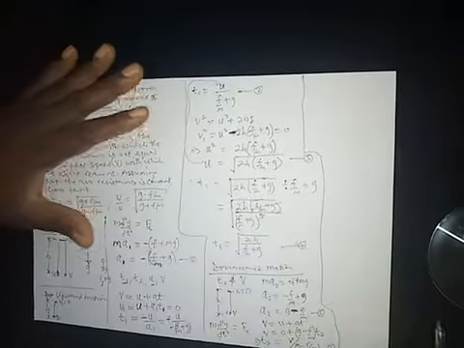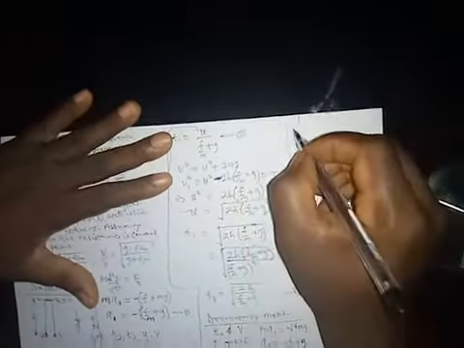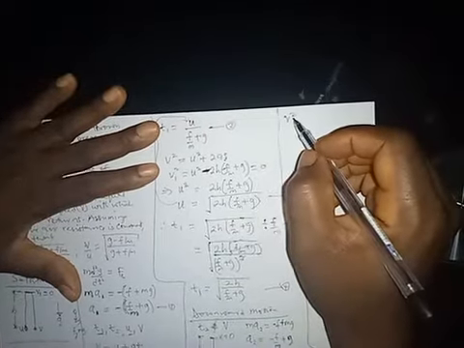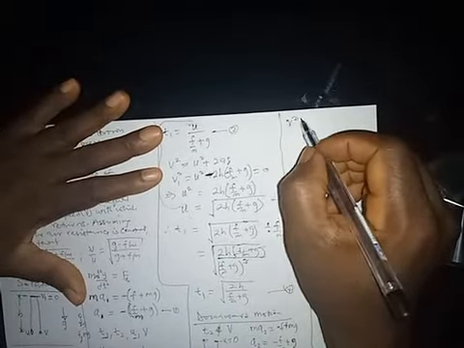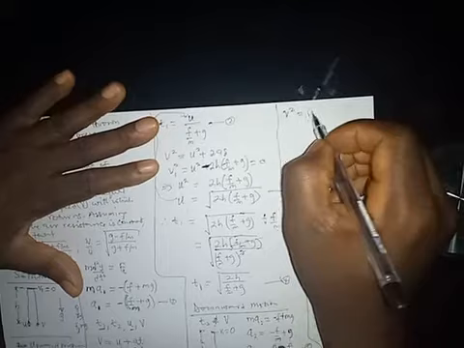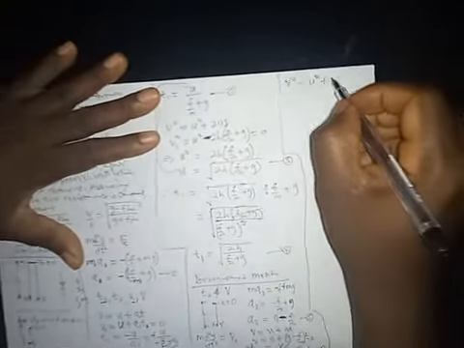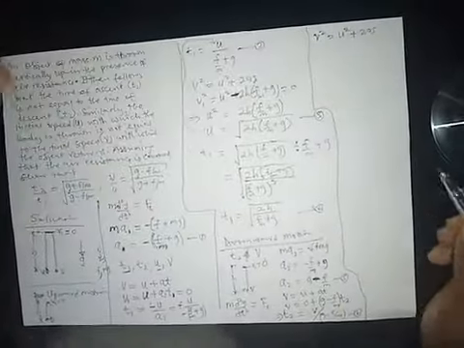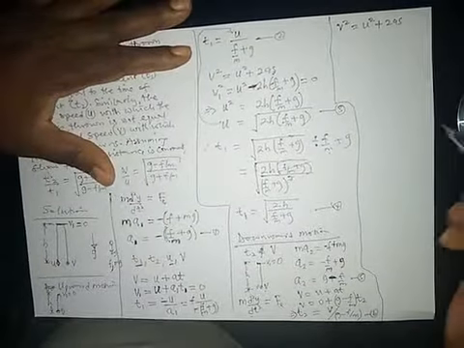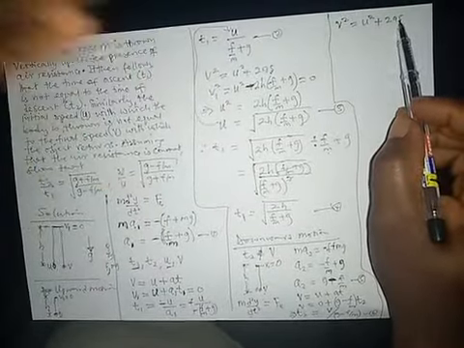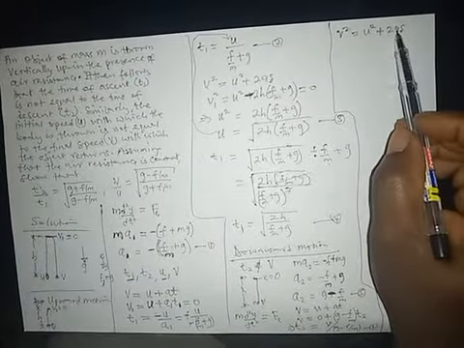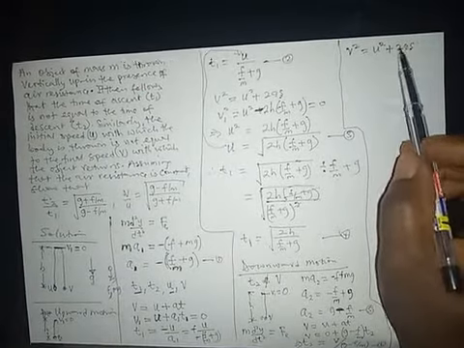So how do we obtain that v? From v squared equals u squared plus 2as. Like I explained before, the distance is the maximum height reached, that is h. The acceleration now is a2.